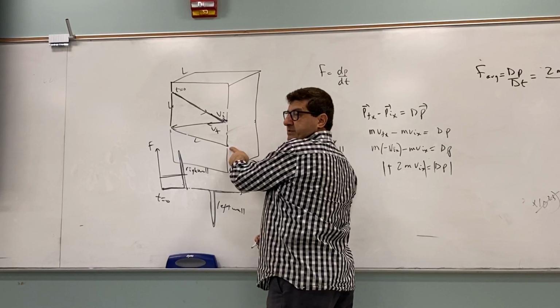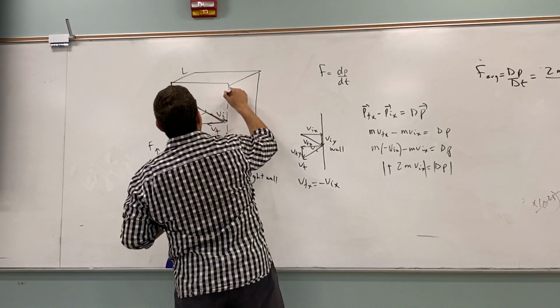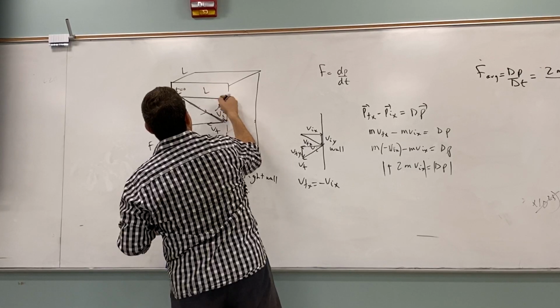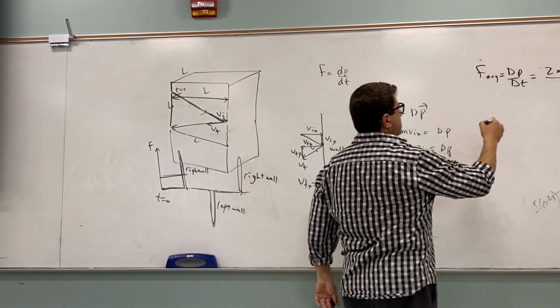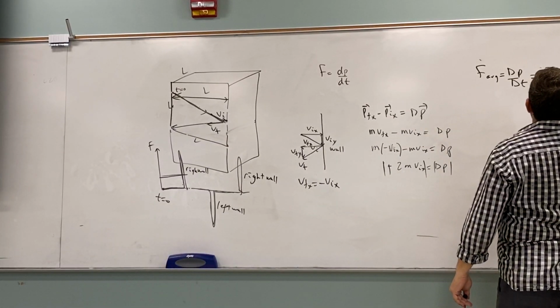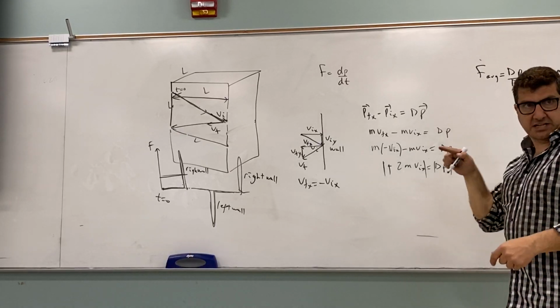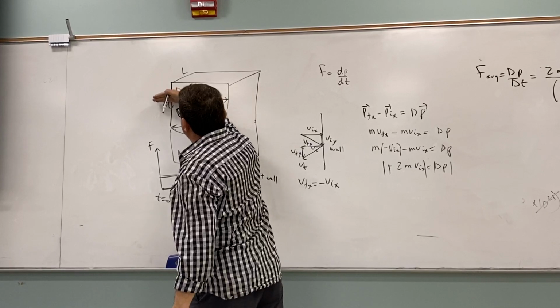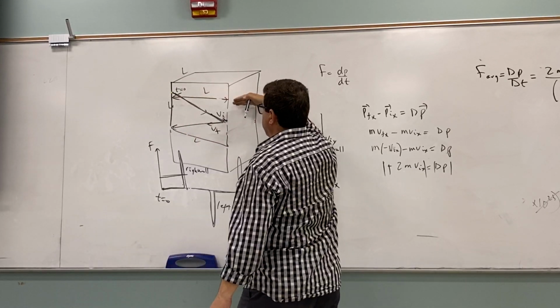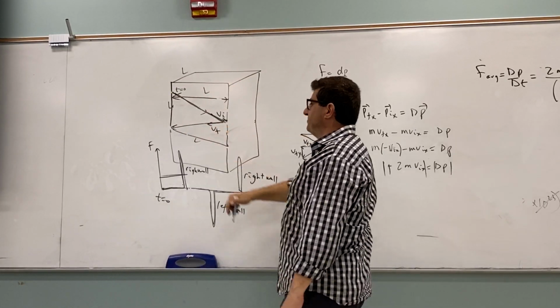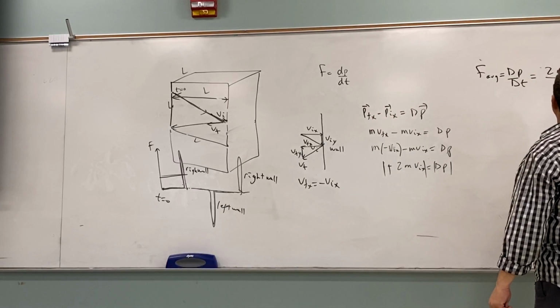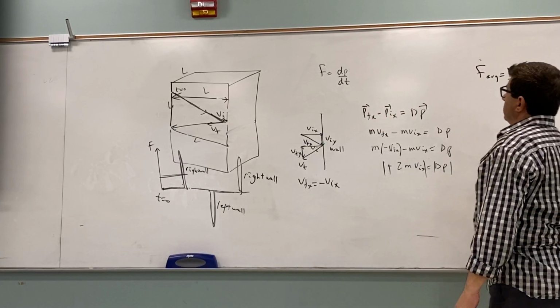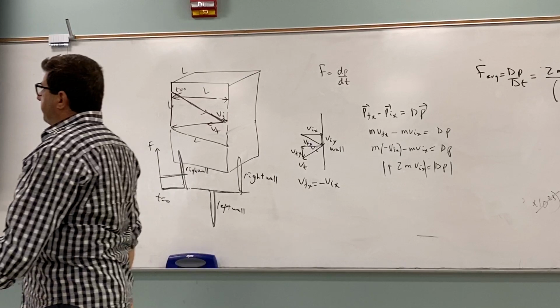So what is that time? Twice the length of the box, 2L, divided by the x component of the velocity, which tells you this way and then this way. The y component doesn't change the time. So you divide it by v initial x. And that's going to equal the average force.